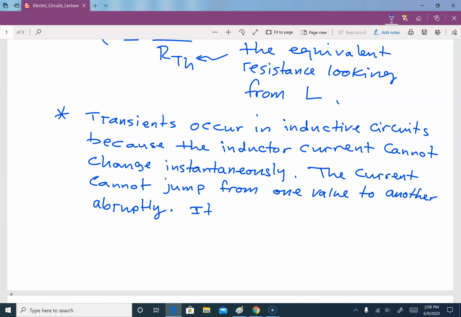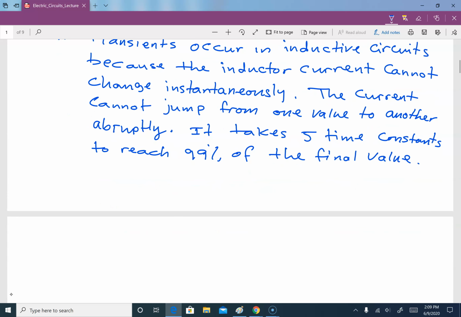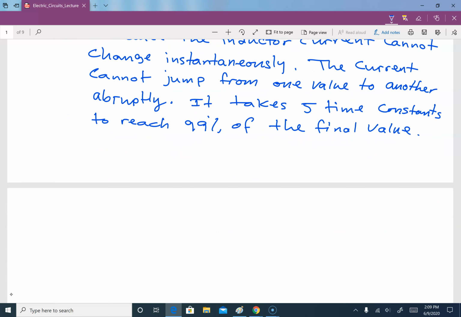So it takes 5 time constants to reach 99% of the final value. It's exactly the same as the capacitor case.